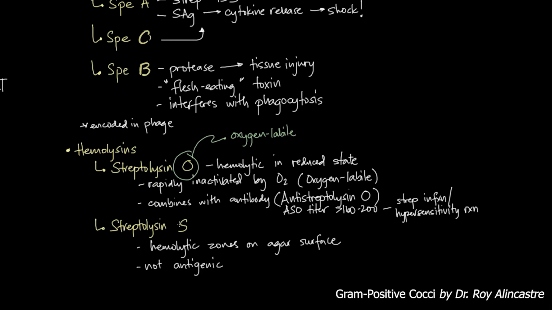Streptolysin S causes the hemolytic zones on the surface of the agar, and it is elaborated in serum. Okay? Again, most group A beta hemolytic strep produce both hemolysins. No? Only around 10% produce only one.